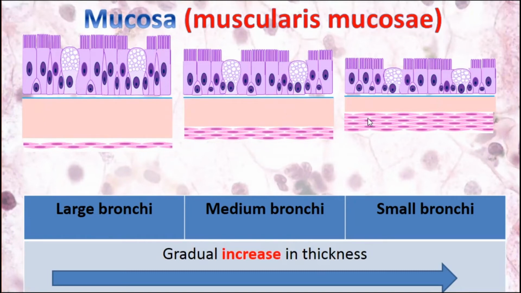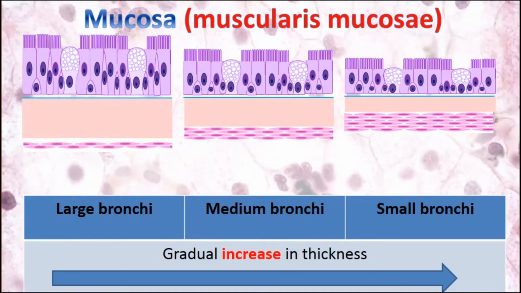And you should know that small bronchi are able to bronchospasm, to contraction, because of presence of well-developed Muscularis mucosa. Contractions of Muscularis mucosa make the lumen of the bronchus smaller, and it is called bronchospasm. And it occurs in some bronchial diseases, in bronchitis, and especially in bronchial asthma.